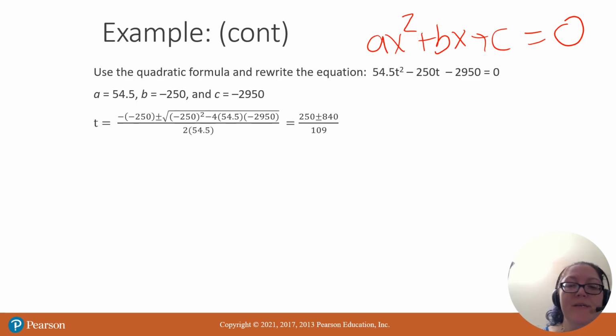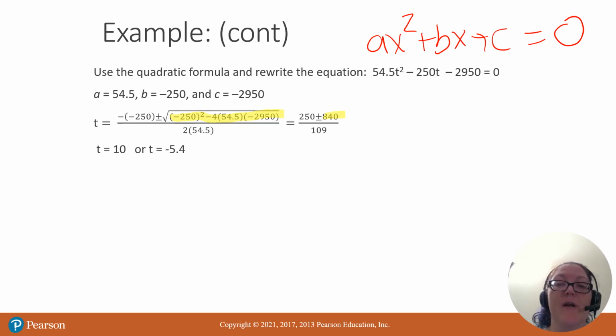Please make sure that you do what's underneath the radical first before you take the square root. Once you have that number, you can take the square root, and if it comes out nice and pretty, we can get an exact answer that's a little bit nicer. Most word problems don't always have the nicest numbers, but sometimes it works out.